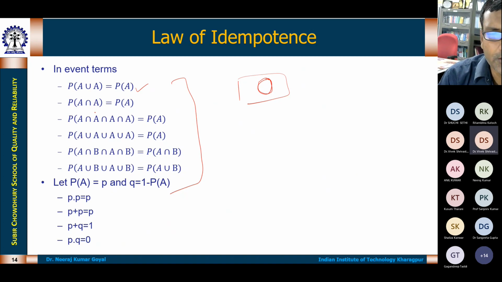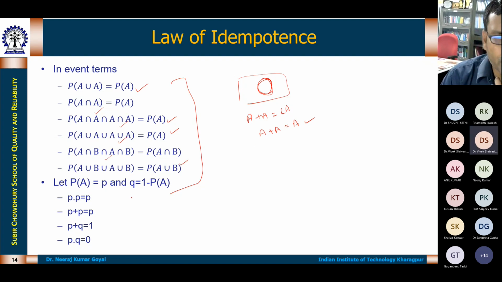In the same way, A intersection A is also going to be A. A is completely common with A. But this changes philosophy, because generally A plus A becomes 2A, right? But in probability theory, A plus A will not become 2A. If plus represents union, that will be A only. So if I add the same event with the same event again, it will not change.